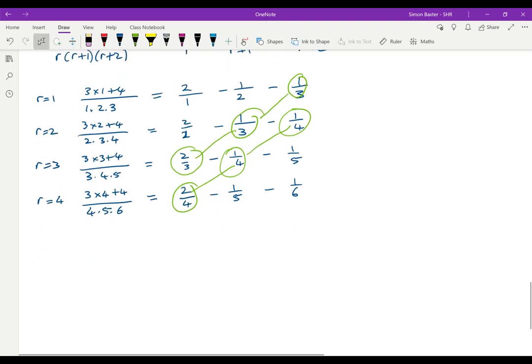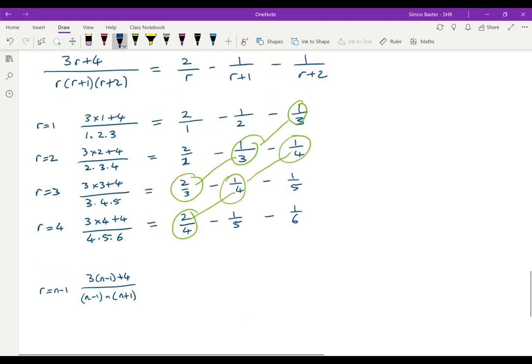So let's go down. Let's look at r equals n minus 1. I'll have 3 times n minus 1 plus 4 divided by (n minus 1) n (n plus 1). That's into the formula which has just now come back at the top. That's 2 over n minus 1, minus 1 over n, minus 1 over n plus 1.